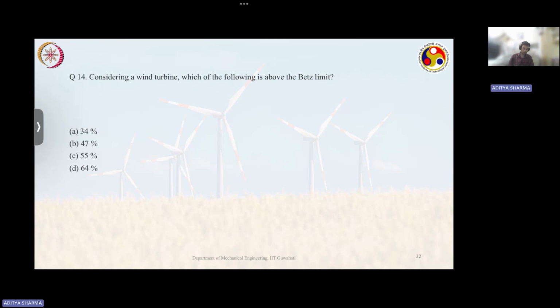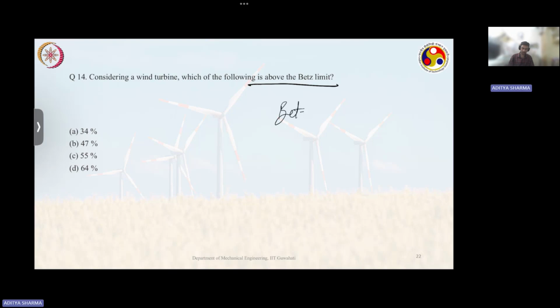Next question, question number 14. It says that considering a wind turbine, which of the following is above the Betz limit?